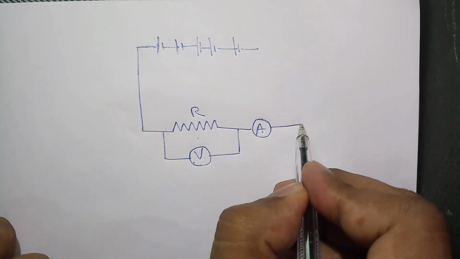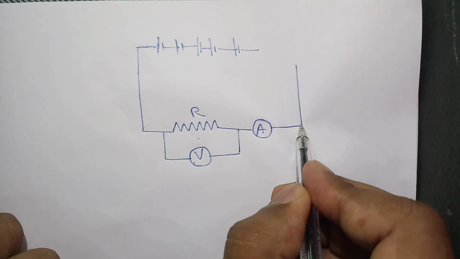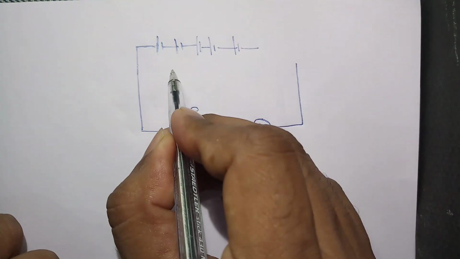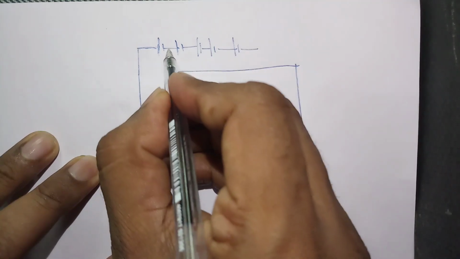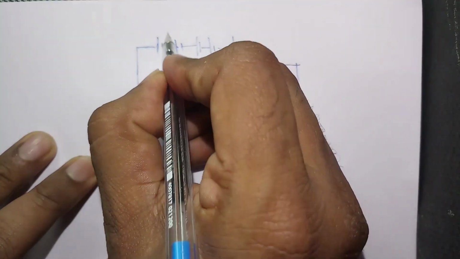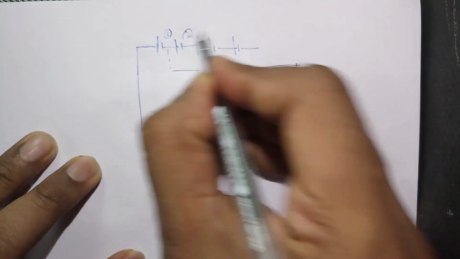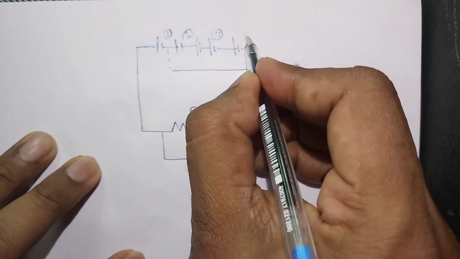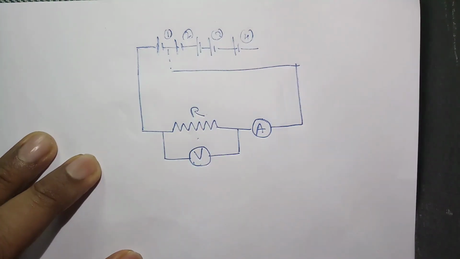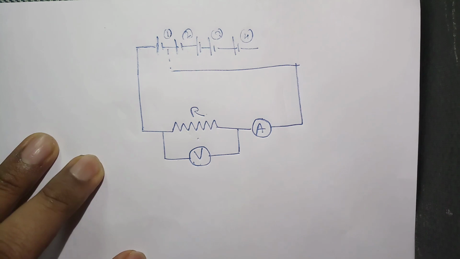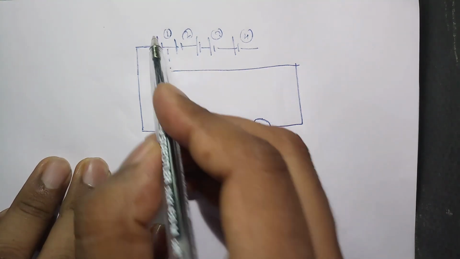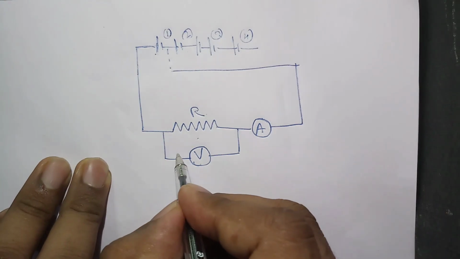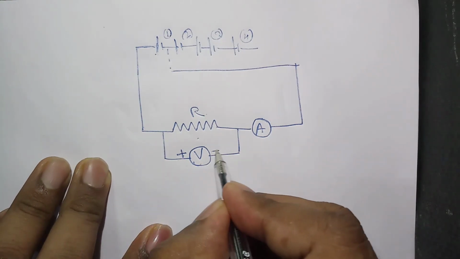Now this connection I am taking like this here, and you see my wire is up to here. Now this wire, for the time being, I am connecting at this position 1. Here we have 2, 3, 4, like that, different positions it is possible to connect. I think this is clear for you. And for this cell, this side is positive and this side is negative. So for this voltmeter, this side will be positive and this side will be negative.